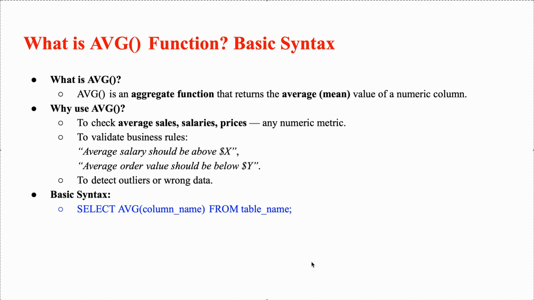In database testing, the AVG function helps us validate business rules, like making sure the average salary is above a certain value or that average order value stays below a threshold. It's also a good way to spot outliers or incorrect data. And the syntax is SELECT AVG(column_name) FROM table_name.